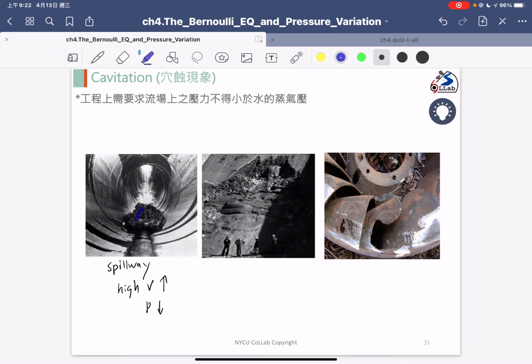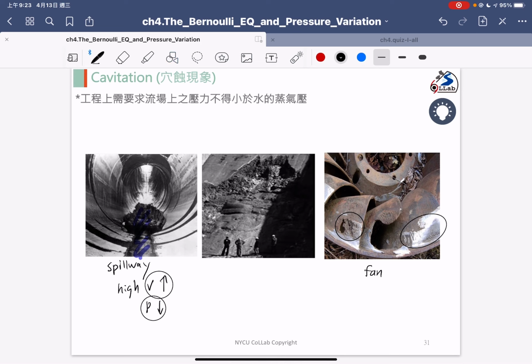As you can see, this is the surface, and in another case is the fan, and you can see the surface of the fan also has some damage. Okay, so the gas is very powerful in destroying the structure surface. But the idea is, in that condition we have higher velocity, which causes lower pressure, and then we can observe the cavitation problem.